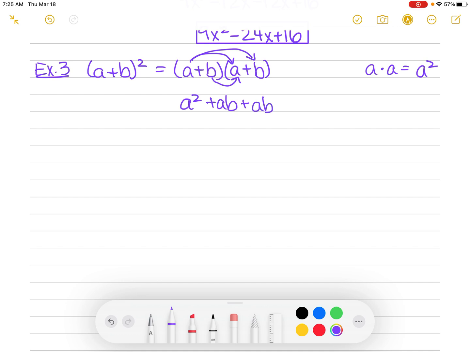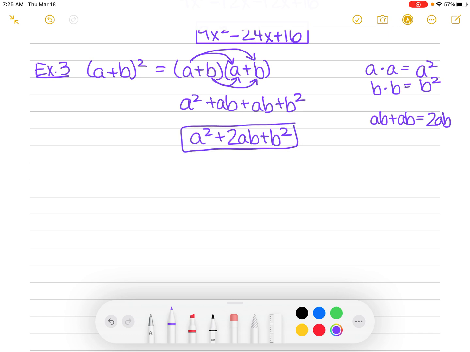So I have ab, not ba. And then the last one, b times b, same thing as over here. When you have b times b or x times x, it's b squared. So now I have a squared plus 2ab plus b squared. Remember, when I have ab plus ab, that's going to give me 2ab. And there's my answer.